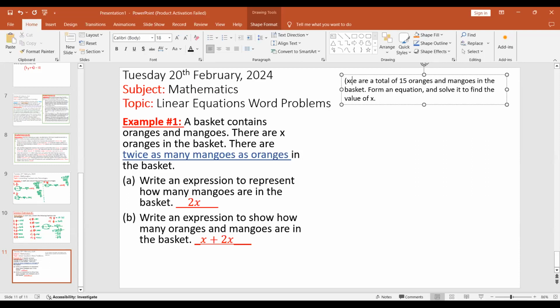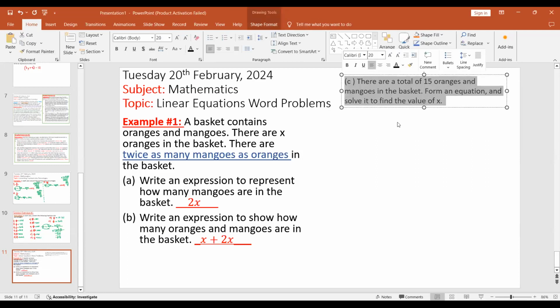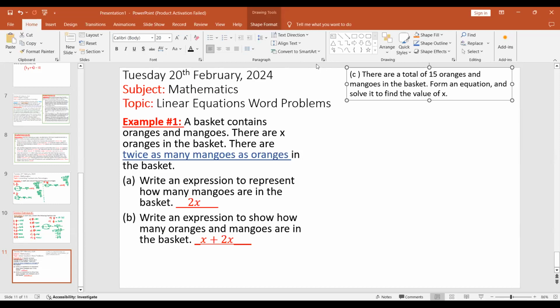What do they say? 15. Yeah, 15, right? There are a total of 15 oranges and mangoes in the basket, and we want to form an equation to find the value of x. Okay. So how are we going to do that? This is not hard. Very easy question.